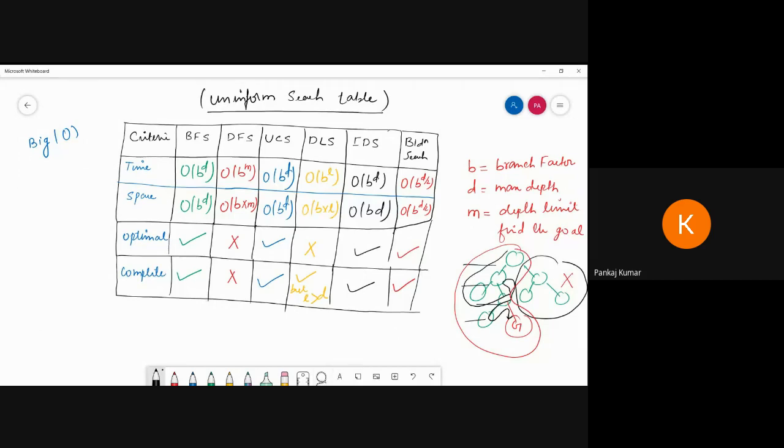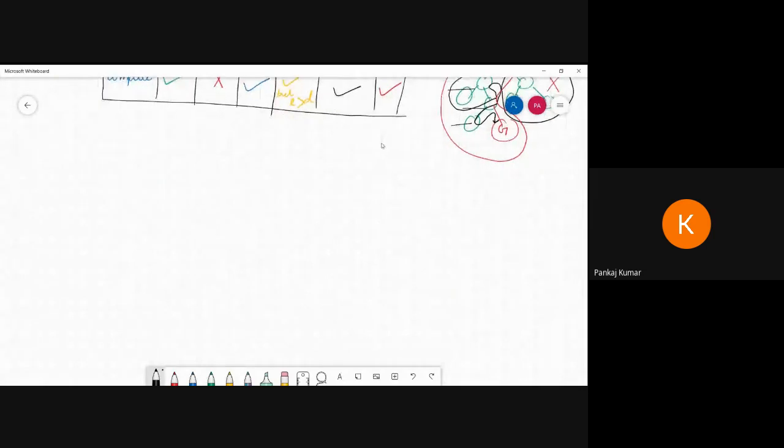So basically, in uninformed search, what we have studied: first we studied BFS, then second DFS, then third uniform cost search, then fourth iterative deepening search, and the fifth one, bidirectional search.